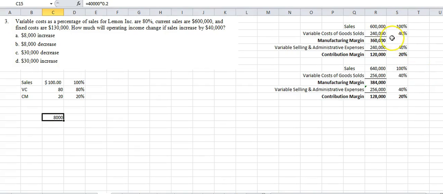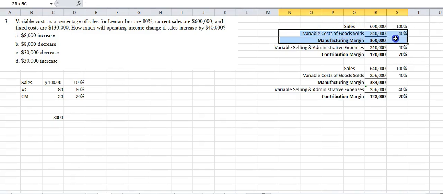If you look over here, you can see that I prepared it to confirm it. Sales was 600,000, and I combined these two. Let me take this out because this could be more confusing.